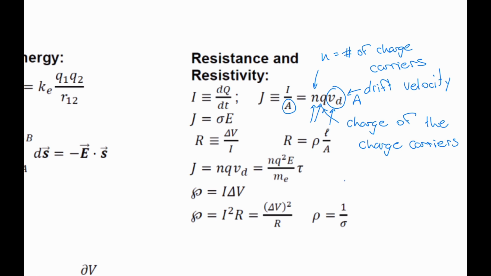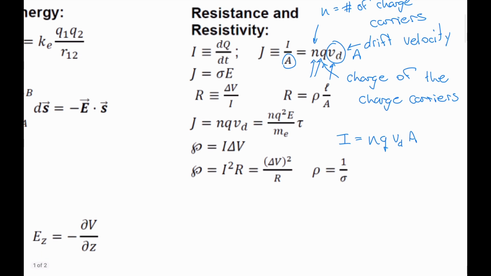So current is literally N, the number of electrons, if they're electrons, E, which is the charge of the electron, or if you want to be more general, you could do Q, which is the charge of whatever the current is made of. It could be a current of protons, doesn't matter. Here we have VD, which is the drift velocity, how fast the electrons are moving through there. And then A, the cross-sectional area of the wire that the charge is going through.